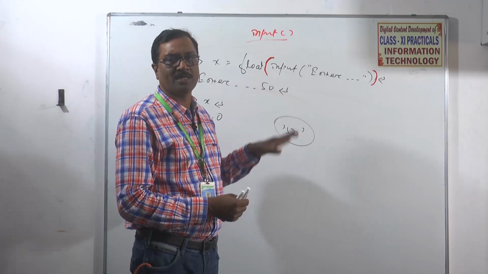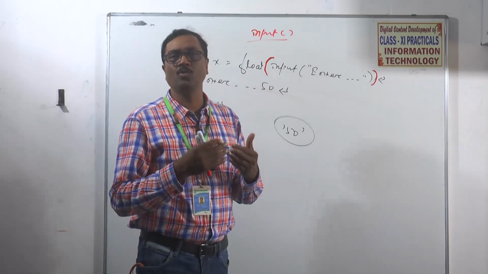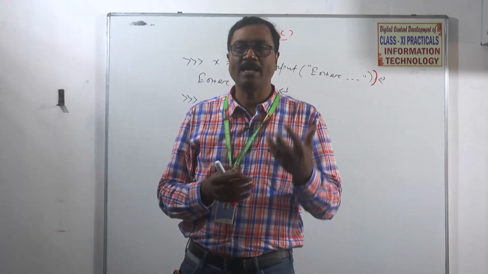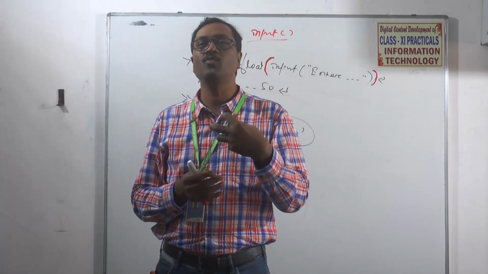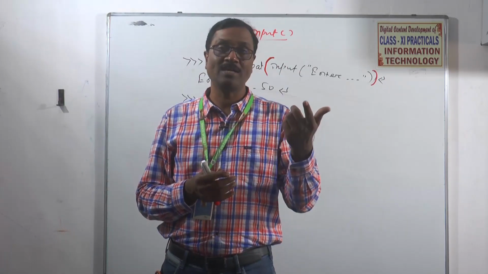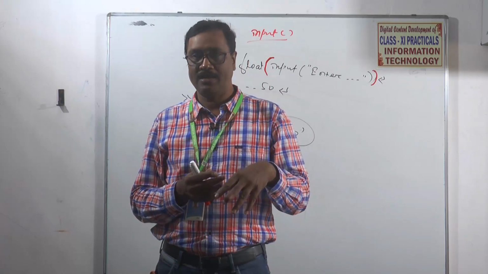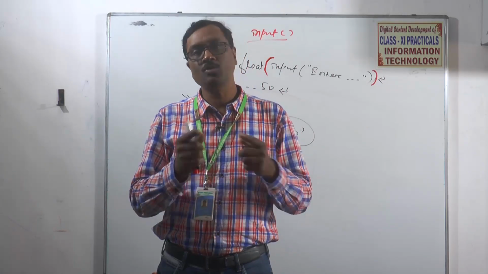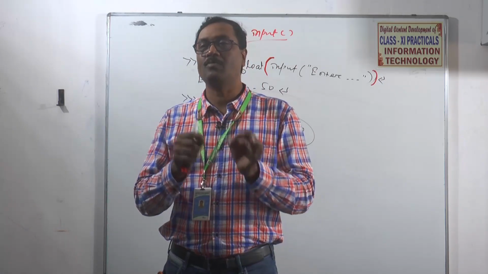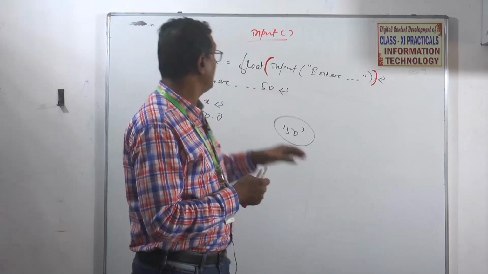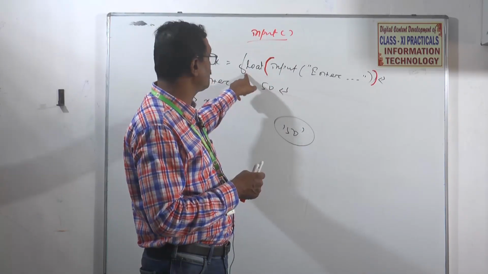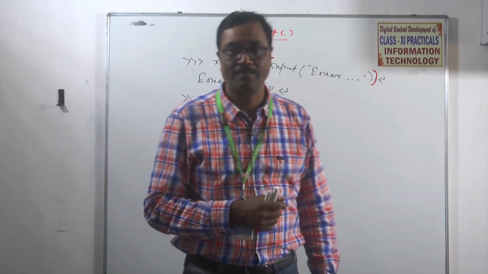So here Python says that when you are planning to accept the data, you can accept the data with the help of the input function. But if you want to accept any other type of data except string, then you just use int, float, something like that. And that type of conversion is called typecasting.